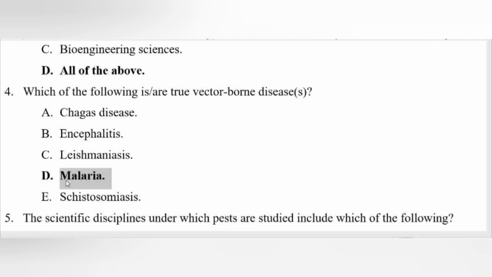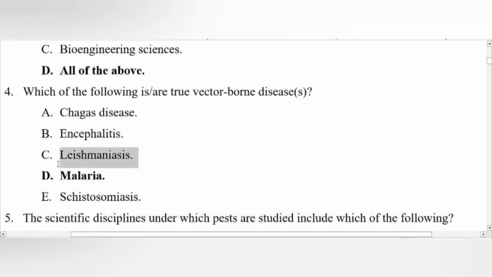It is really the deadliest of all vectors, and it has killed more people over the years. It has also reigned right from antiquity. Okay, so malaria tops them all.